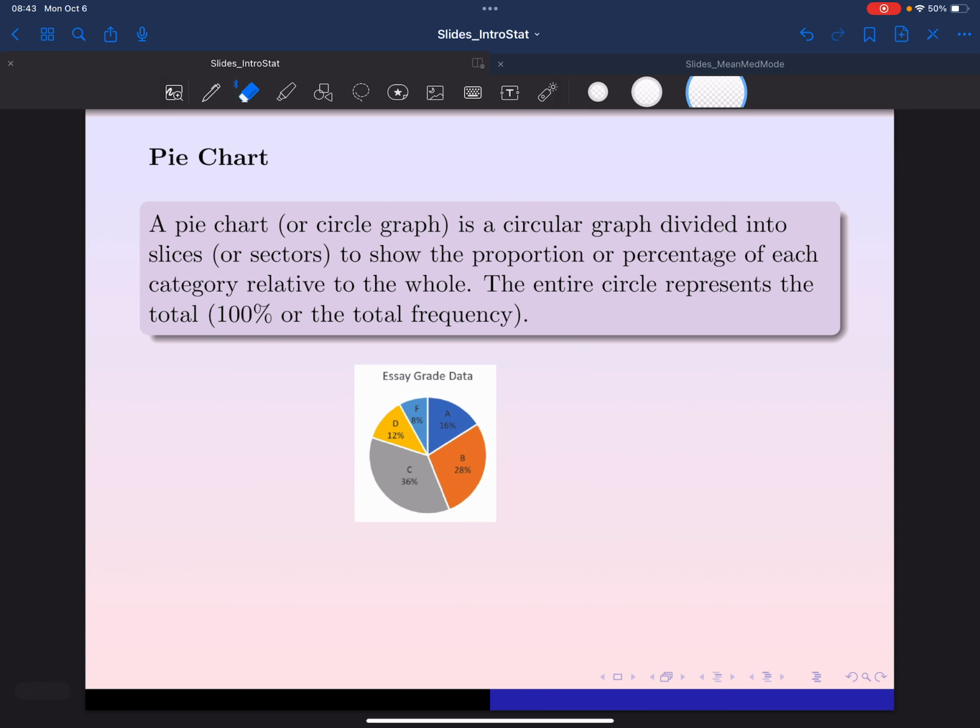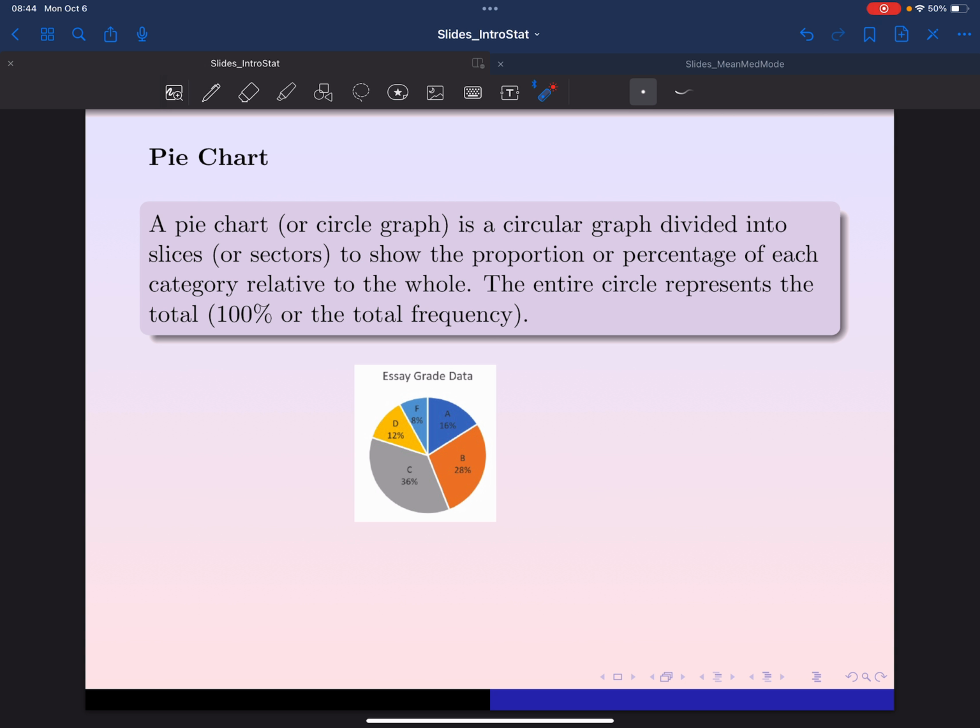Another way to represent data is using a pie chart or a circle graph. A pie chart is a circular graph divided into slices or sectors to show the proportion or percentage of each category relative to the whole. The entire circle represents 100% of the total frequency.